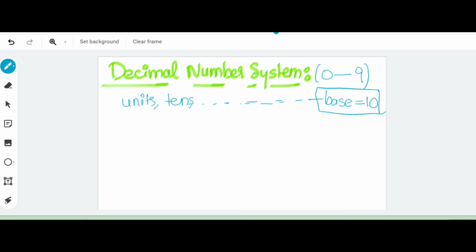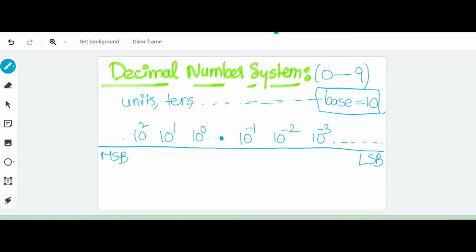I hope now you got the idea. You will represent with the power of tens. This is the MSB side, and here obviously the power is negative, and this is how you represent the LSB. And as we are talking about it in the form of bits, it should be in that format for easier understanding.